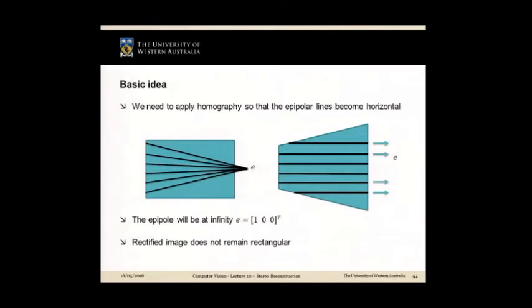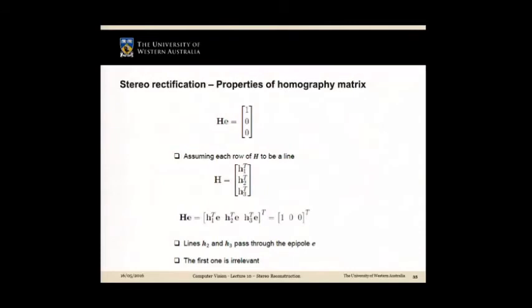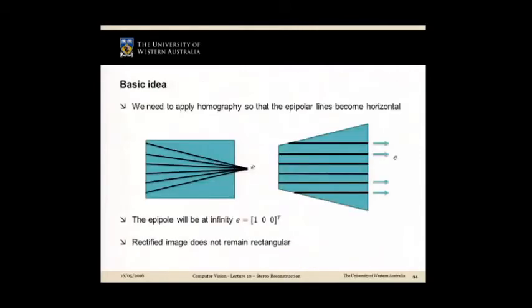Okay, so when you stretch an image, the rectified image does not remain rectangular anymore, of course, because of that image rectification. So what is our ultimate aim? To make the epipolar lines horizontal, or to rectify an image, or to stretch an image.